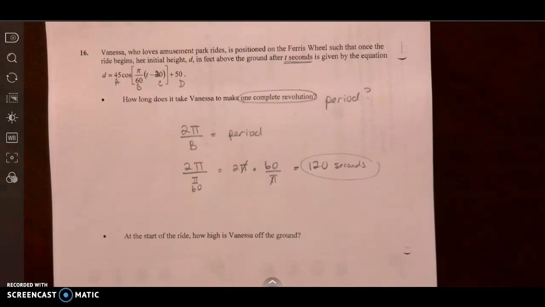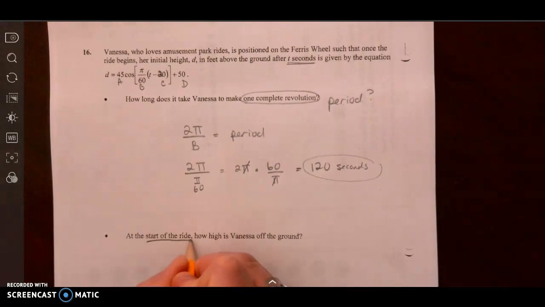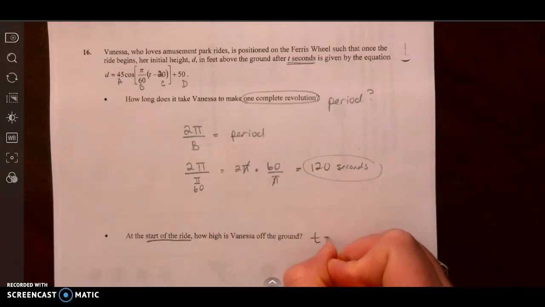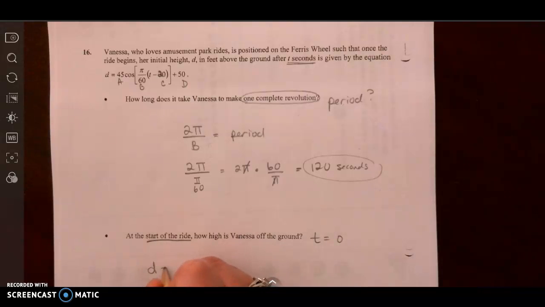Next question says, at the start of the ride, how high is Vanessa off the ground? The start of the ride means no time has passed. t equals 0. So I'm going to put 0 in for t in my equation. 45 times the cosine of pi over 60 times 0 minus 20, plus 50.